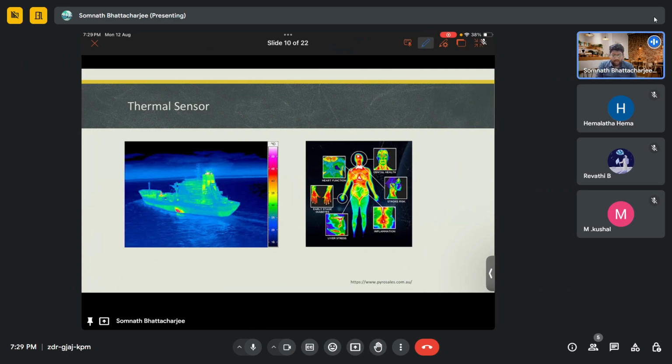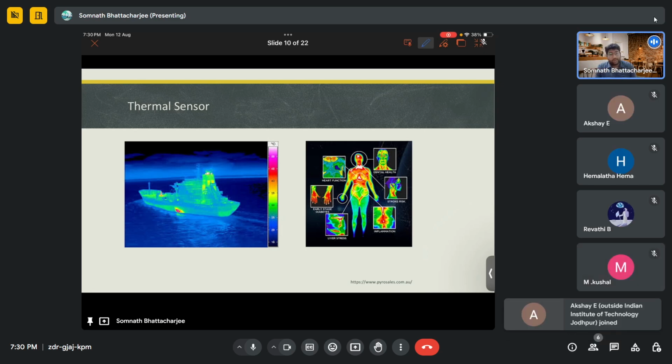In a thermal sensor, we use it for imaging purposes. In general, we use an optical sensor which can detect light, and it can take many forms, but a thermal sensor gives us an image based on the temperature of that body. It can be used for military purposes.